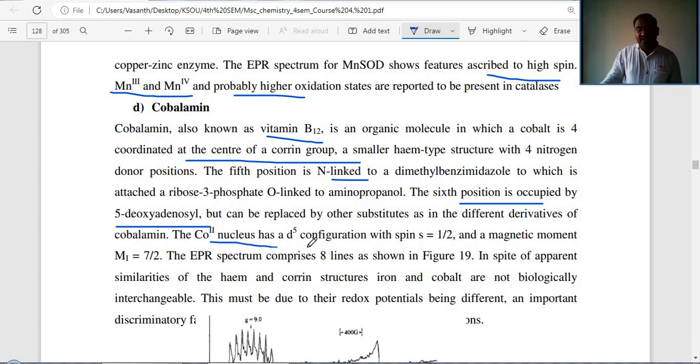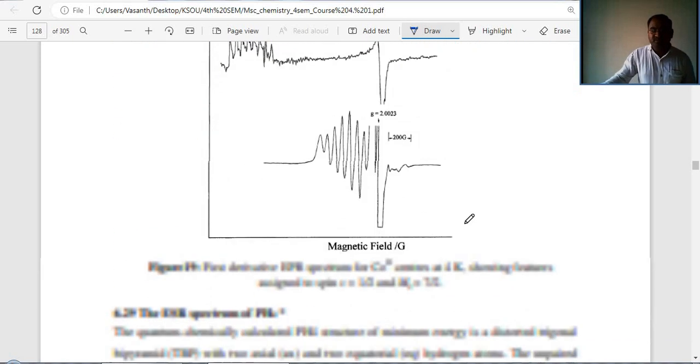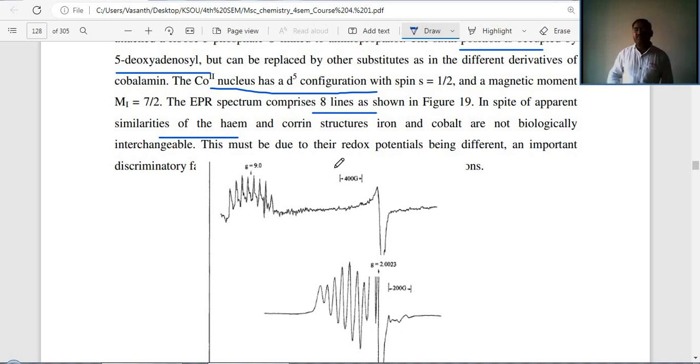The cobalt has d7 configuration with spin S equal to 1/2, and a nuclear magnetic moment I of 7/2. The EPR spectrum comprises 8 lines that is observed in that figure. In spite of apparent similarities of the heme and corrin structures, iron and cobalt are not biologically interchangeable.